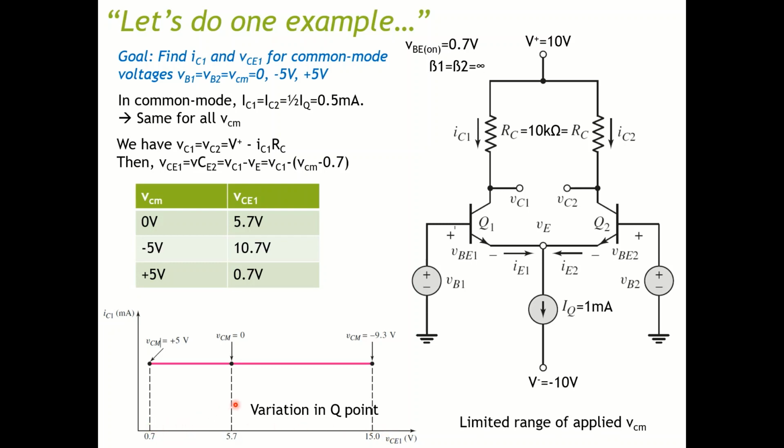So this results in a variation in Q point, and as you can see here, this plot shows the variation in Q point.